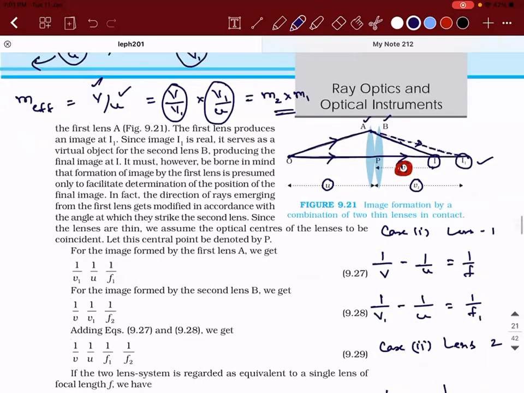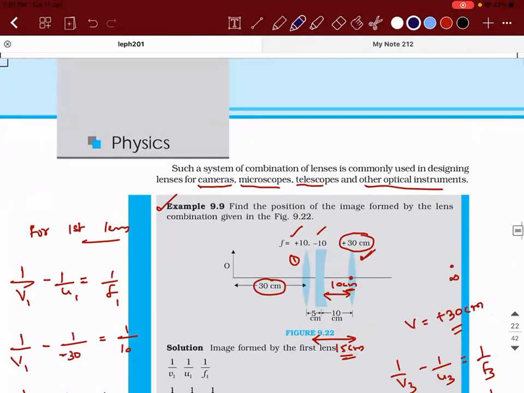So this is the logic that they use to manufacture cameras, microscopes, telescopes, and other optical instruments.